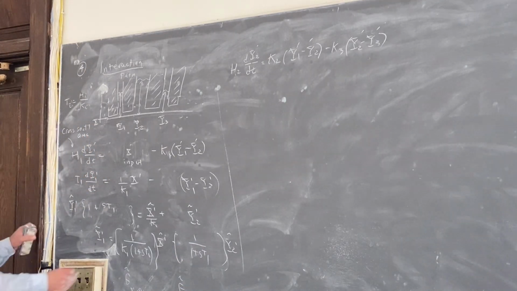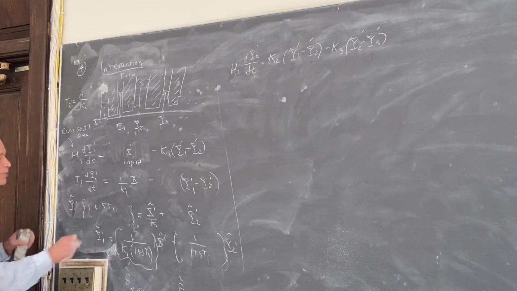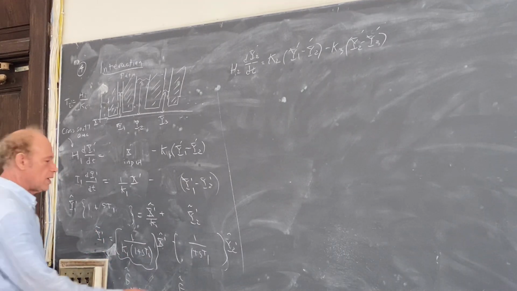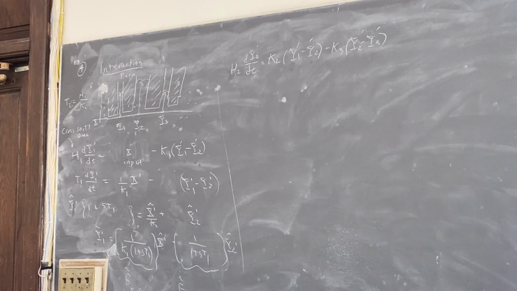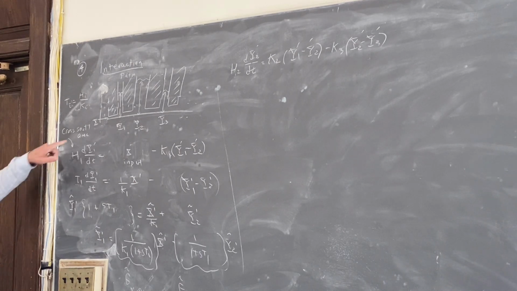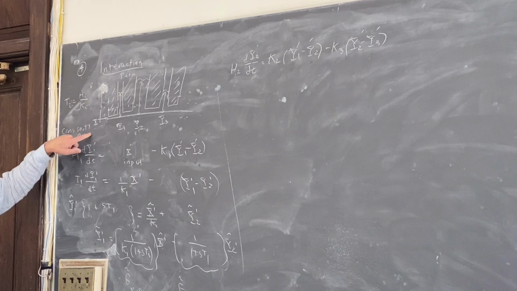And now I have the g tilde for how x prime influences y1 prime tilde, and how y2 prime tilde influences y1 prime tilde. So I was doing a different problem before. Now I did the right problem, the problem I wanted to do, where instead of x being a height, x is just an input.